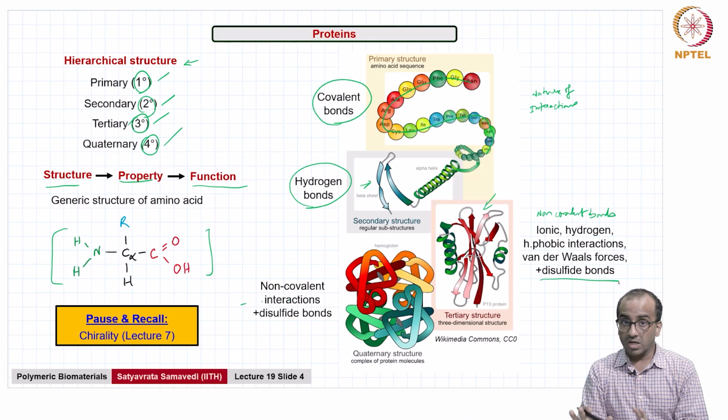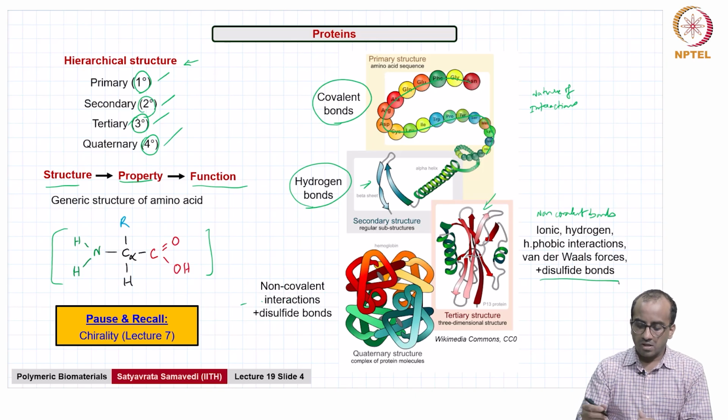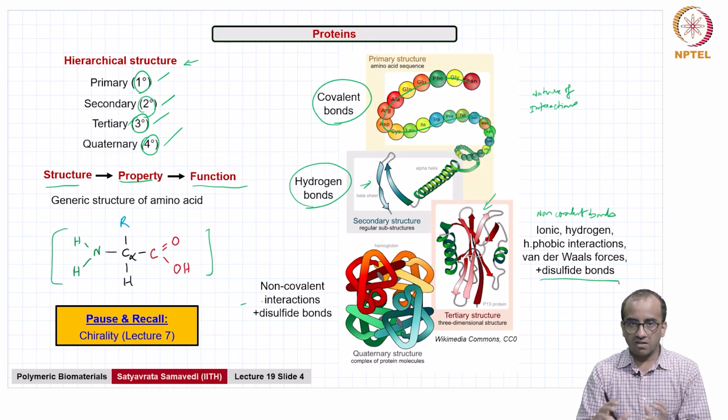But this is just to give you an idea of what types of interactions govern the different hierarchical levels of organization for protein structure. And of course, like we said, some proteins have multiple subunits, multiple polypeptide chains which are linked together, and the links could be non-covalent interactions or could be disulfide bonds.